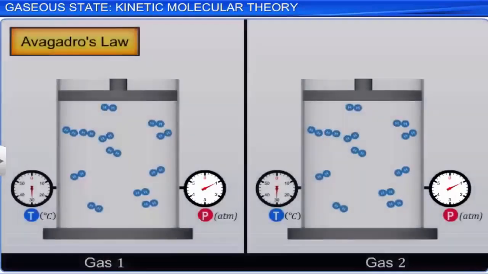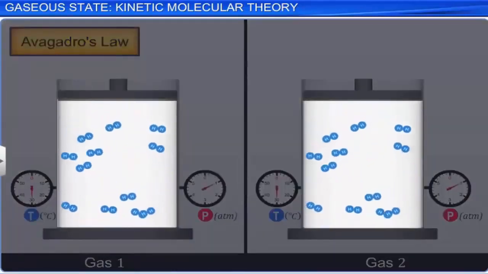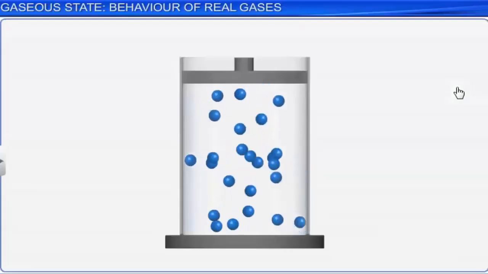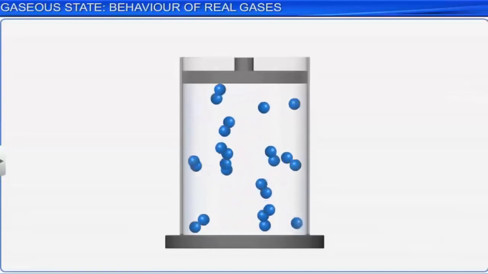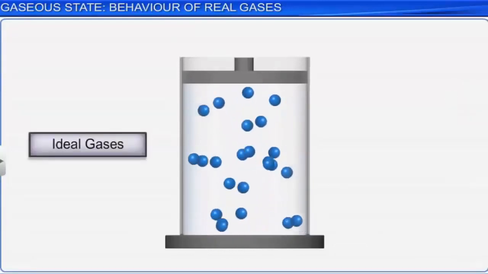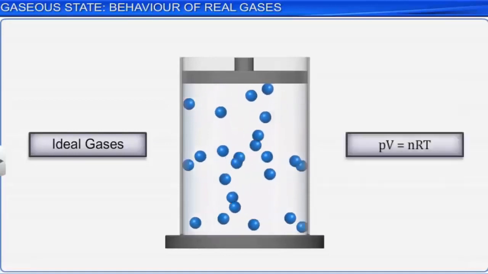This is Avogadro's law. Gases that obey the ideal gas equation are called ideal gases. The ideal gas equation is PV = nRT.